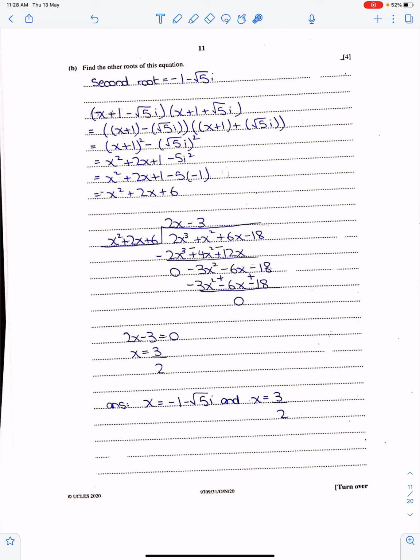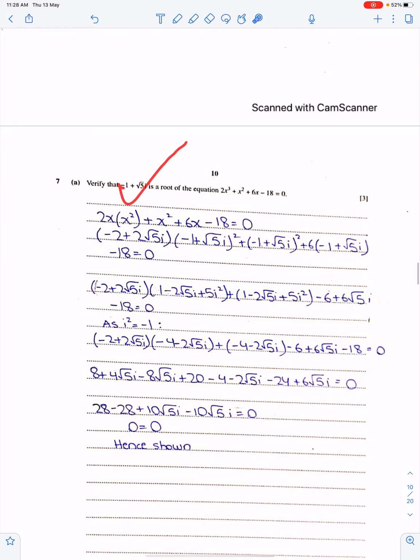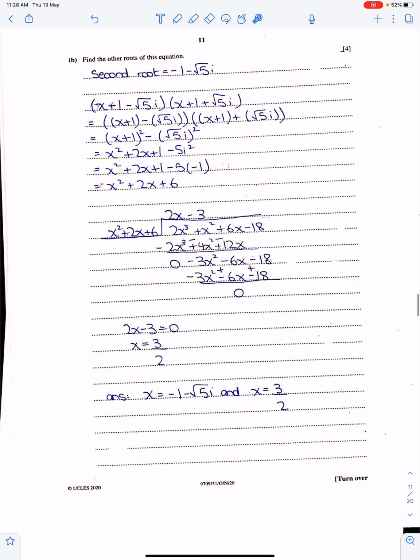When we use long division with this factor onto this equation, we'll get this linear factor. And this is the third root. So there are 3 answers. This is answer number 1, answer number 2, and answer number 3.